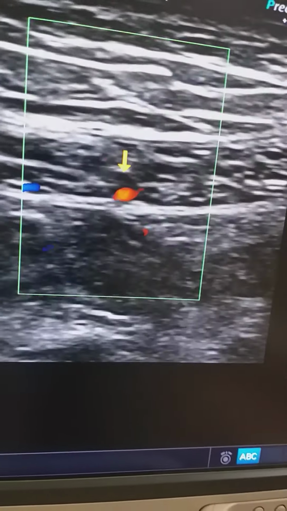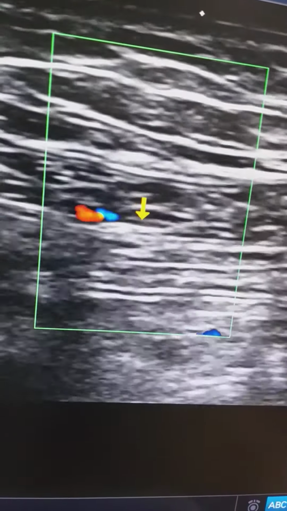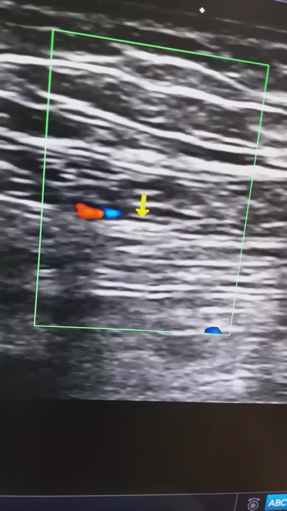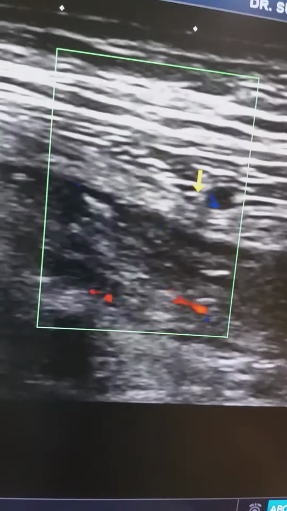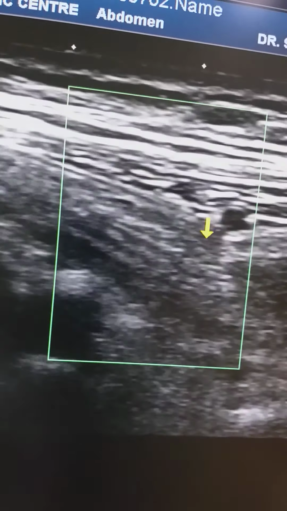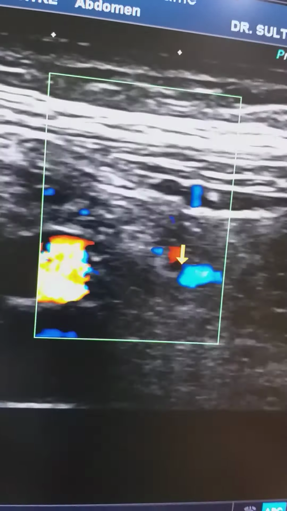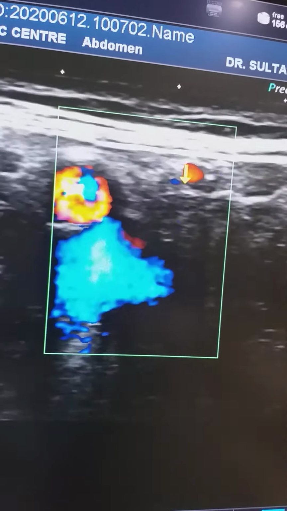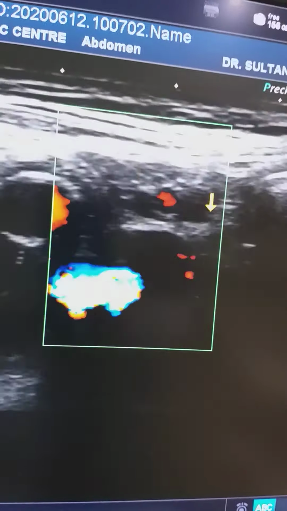So now we move downward to follow this inferior epigastric artery, downward and downward, until we reach the femoral vessels, where it joins the femoral artery.